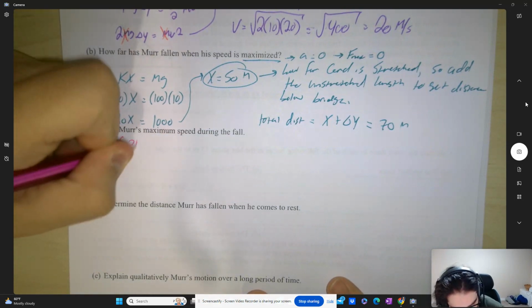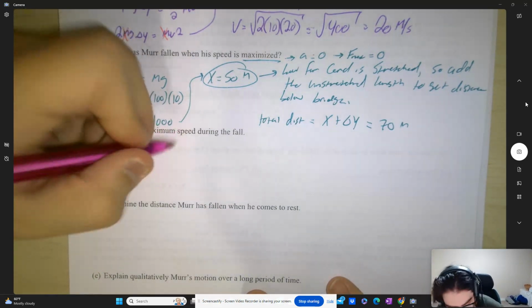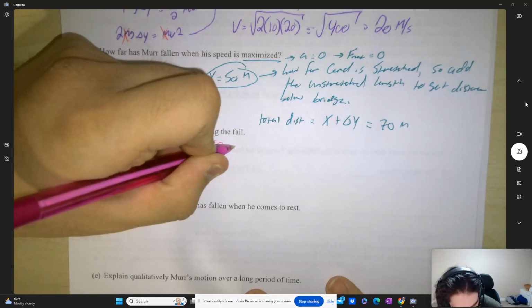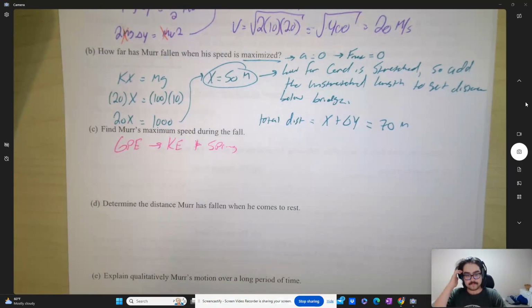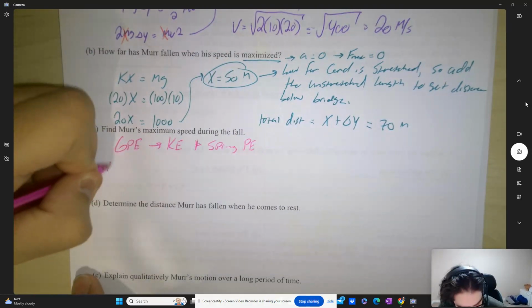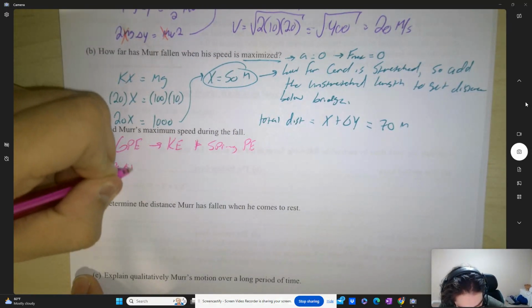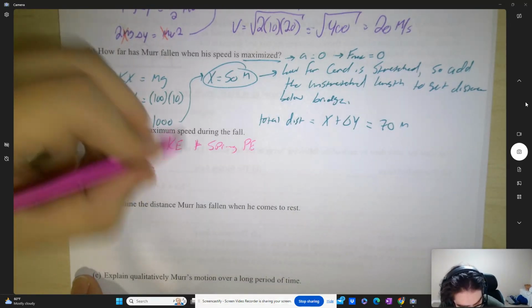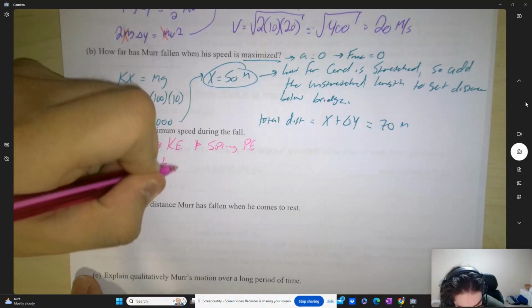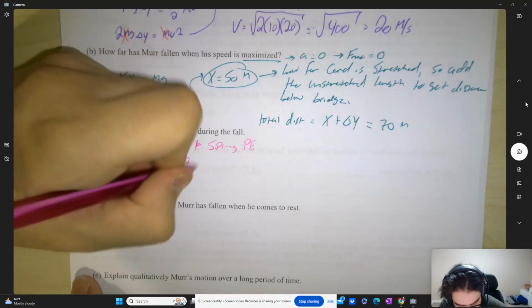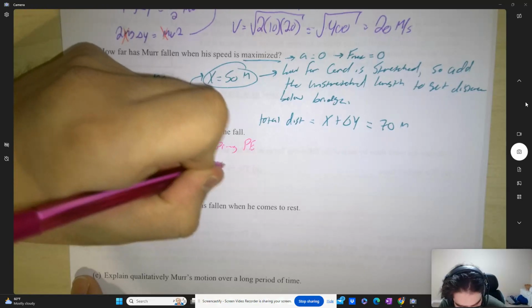I use it so often, because gravitational potential energy is going to turn into not just kinetic energy this time, but also spring potential energy. So when I set this up, I'm going to do mg delta y equals kinetic energy, which would be 1 half m v squared, plus 1 half kx squared.